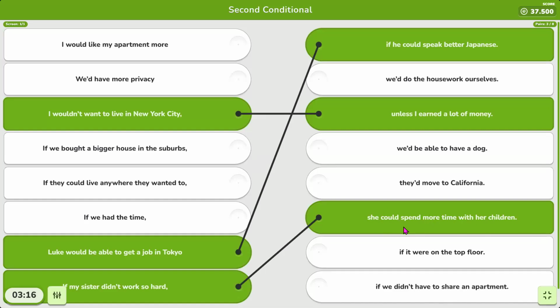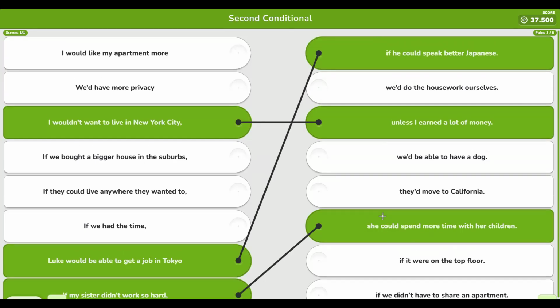Could spend is similar with would spend. It is hypothetical. It's not real. Okay. Thanks, my dear Christian. Now, more participants.